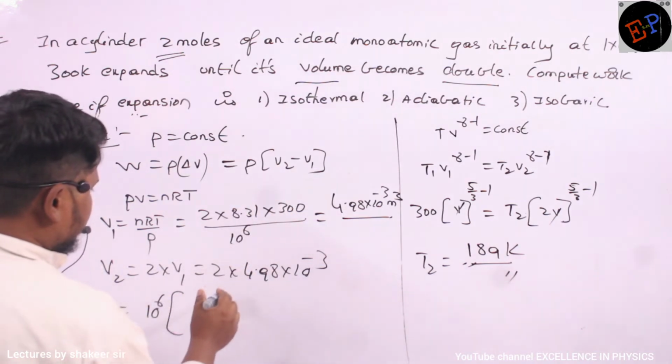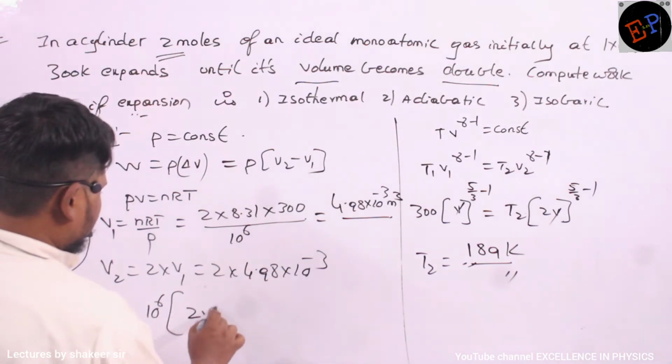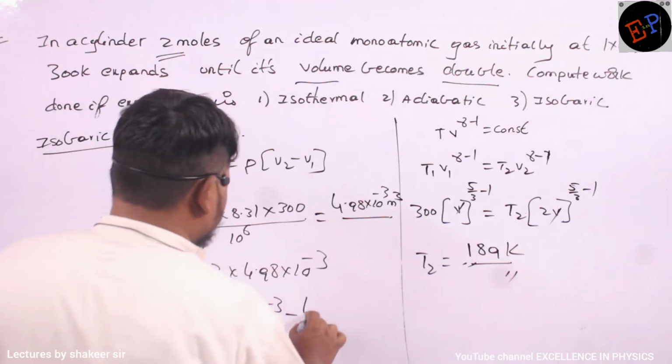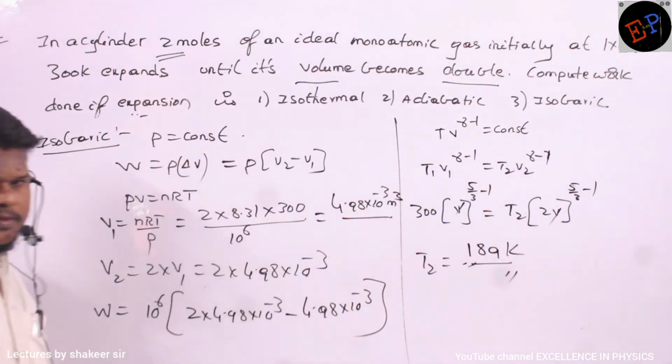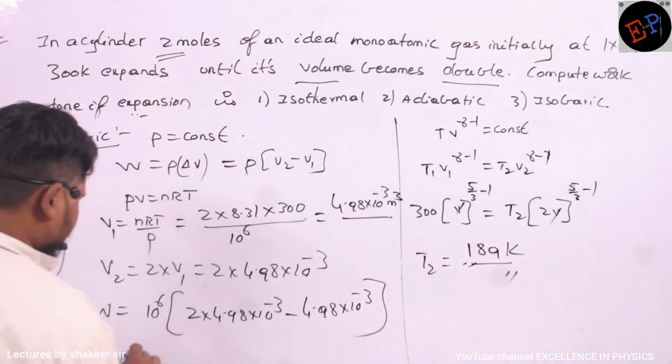The change in volume is 2 into 4.98 into 10 power minus 3 minus 4.98 into 10 power minus 3. If you do this total calculation, I will get 4980 joules.